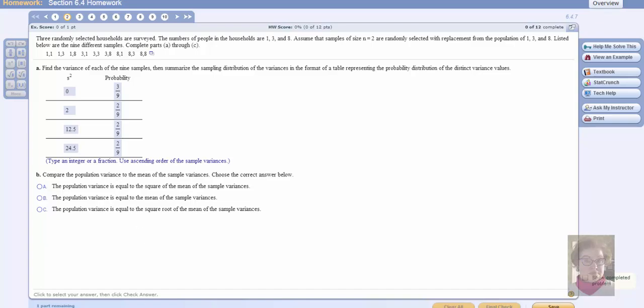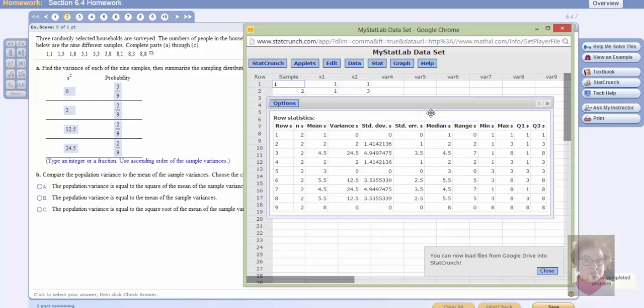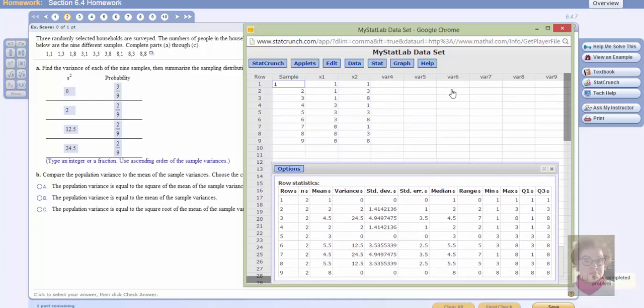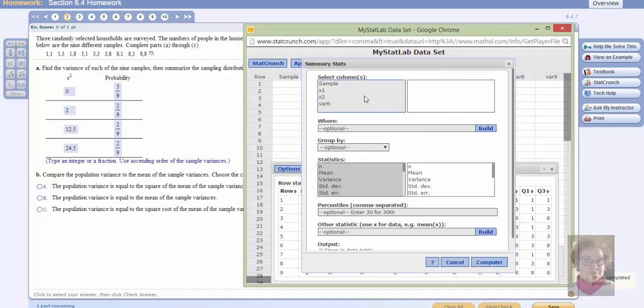So let's go back to our data set. I'm going to put my population over here in another column: the units in my population were 1, 3, and 8. Now I'm going to go to Stat, Summary Statistics, but this time by columns, and I put it in that variable 6.